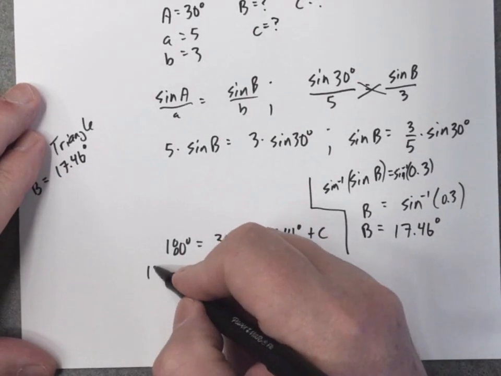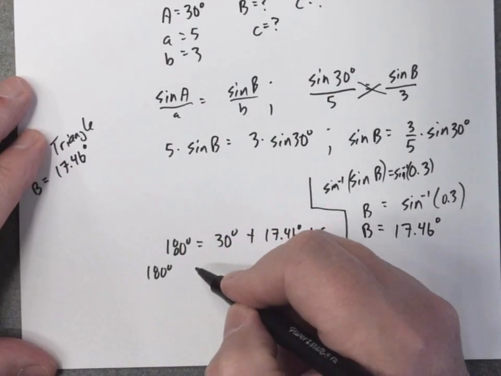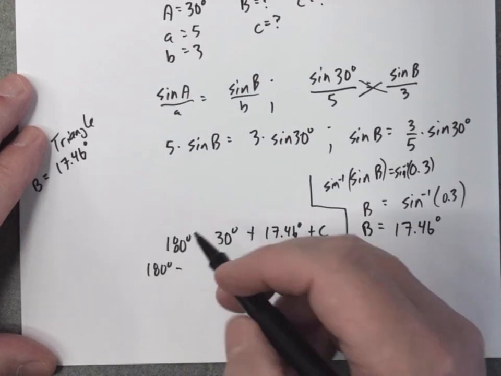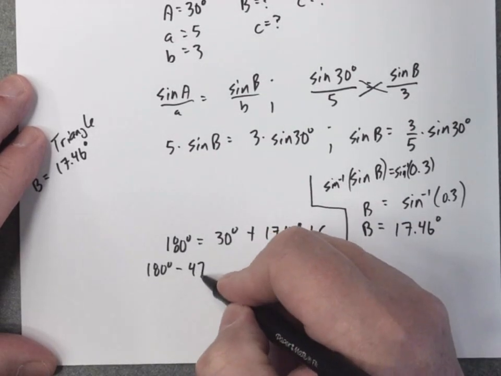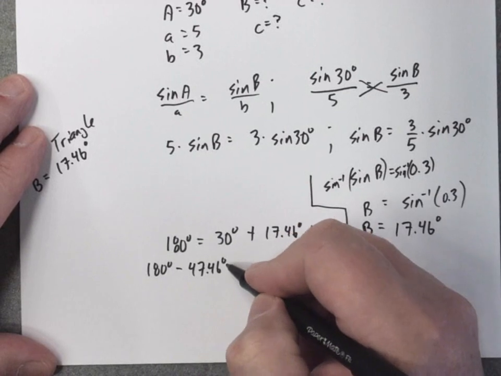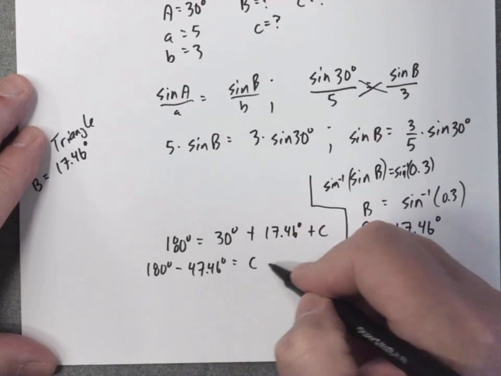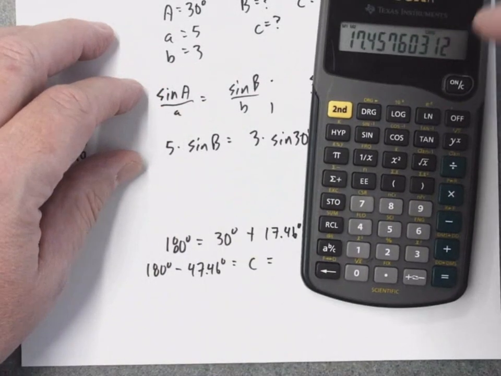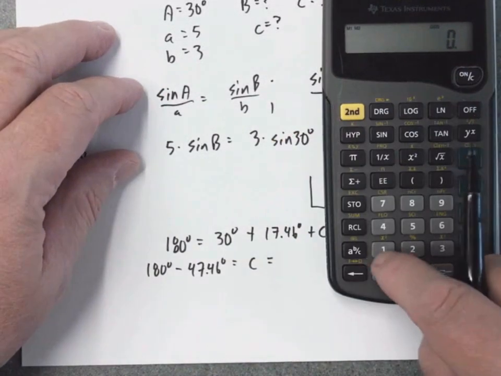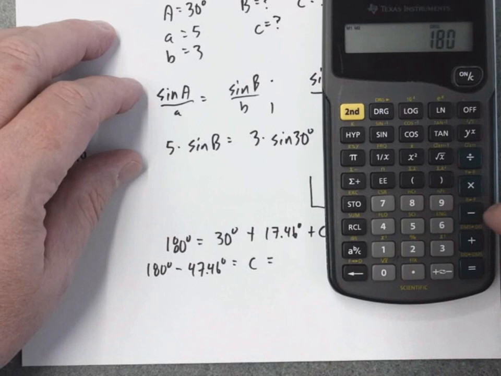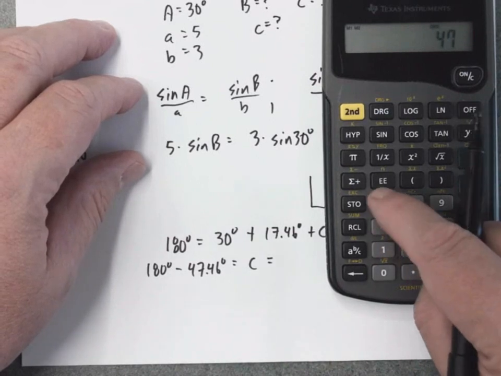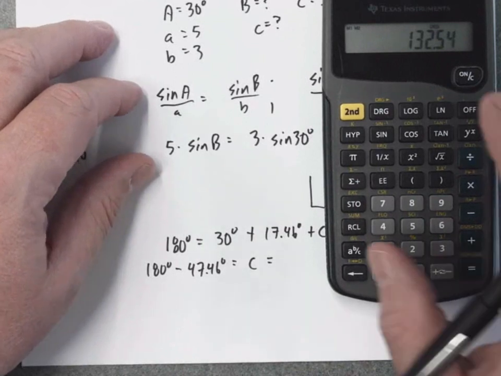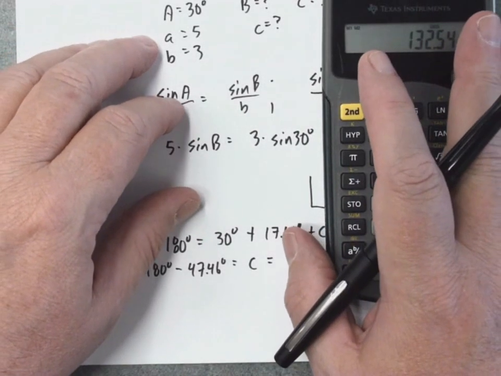So it looks like, I'm using my calculator for this. I can add these together. This is 47.46, and then I'm going to subtract it from both sides. So 180 degrees minus 47.46 is 132.54 degrees.